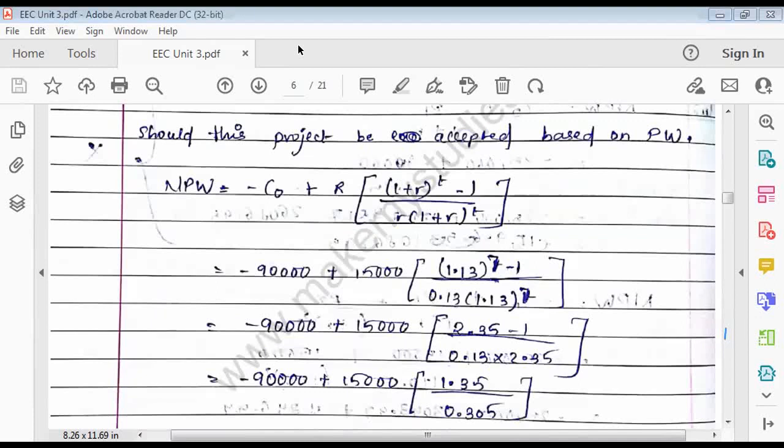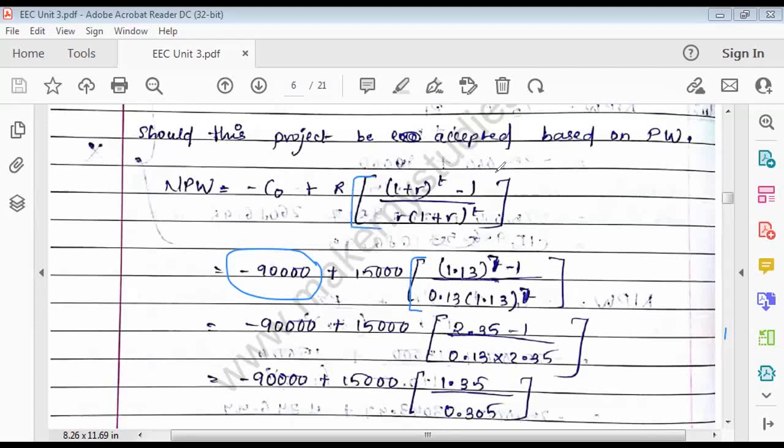Let me explain to you now. So you approach the solution just the way you had solved the previous question. So minus C naught, already given in the question, minus 90,000. Then what you did, as I said, 15,000 into this shortcut formula that you need to remember.